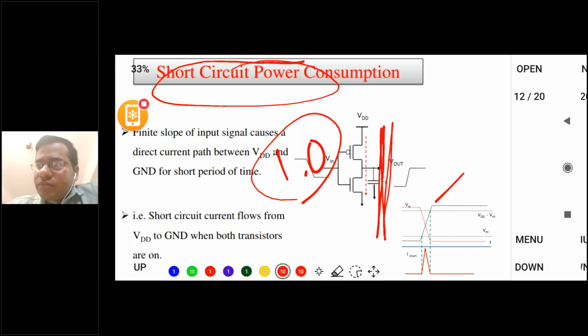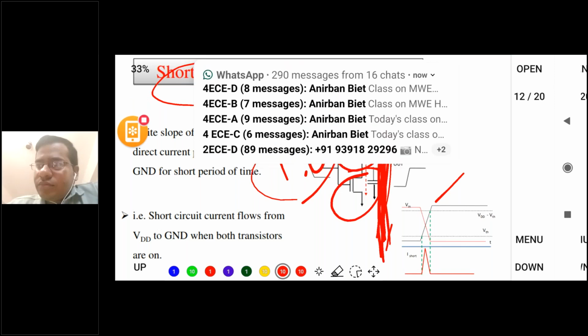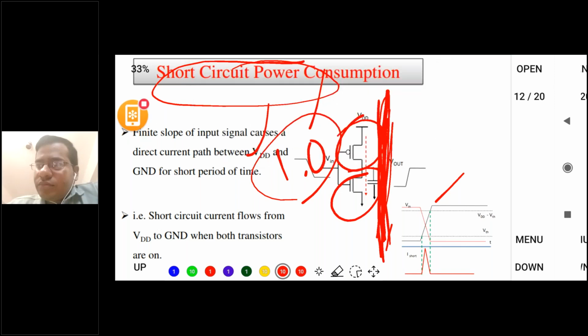This connection is not possible at any time. Whatever your input condition, there is no way you connect VDD to ground. That is the beauty. If you talk about the beauty of the CMOS circuit, it means the rail to rail connection from higher to lower voltage is not connected at any time.